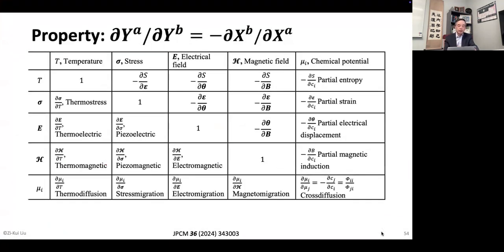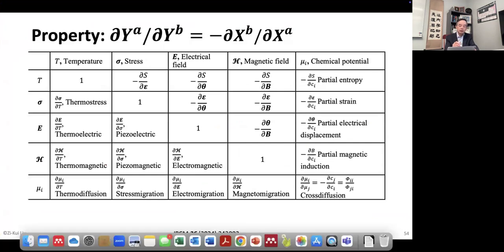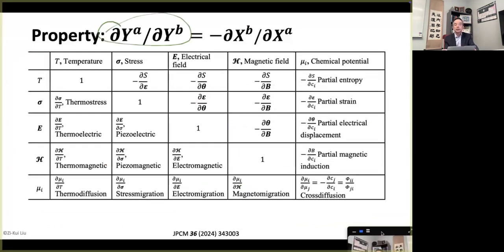This table shows the derivatives between two potentials, and it is equal to minus the derivatives between the two molar quantities. And those are the new quantities. Very rarely discussed in the literature, though Gibbs discussed it in his papers in the 1870s.